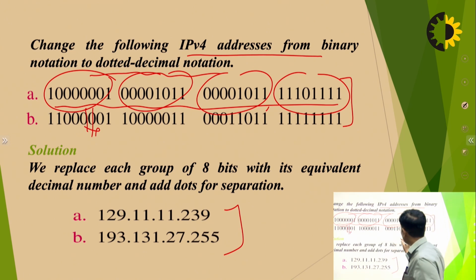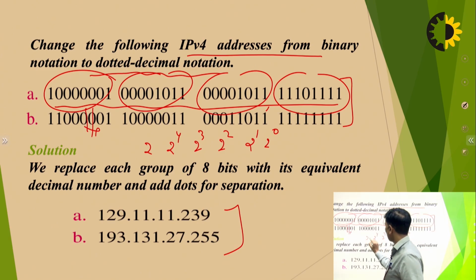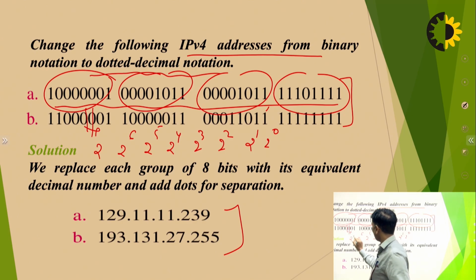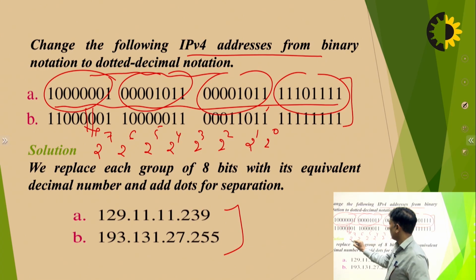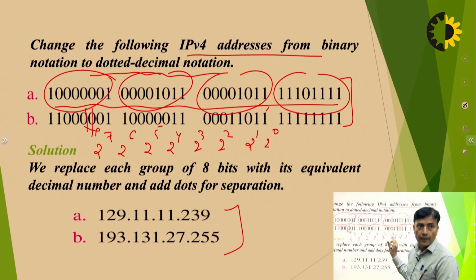In binary, the first bit has the weight 2 to power 0, then 2 to power 1, then 2 power 2, the fourth bit 2 power 3, then 2 power 4, 2 power 5, 2 power 6, then 2 power 7. These are all 8 bit positions, which have the weights 2 to power 0, 2 power 1, 2 power 2.